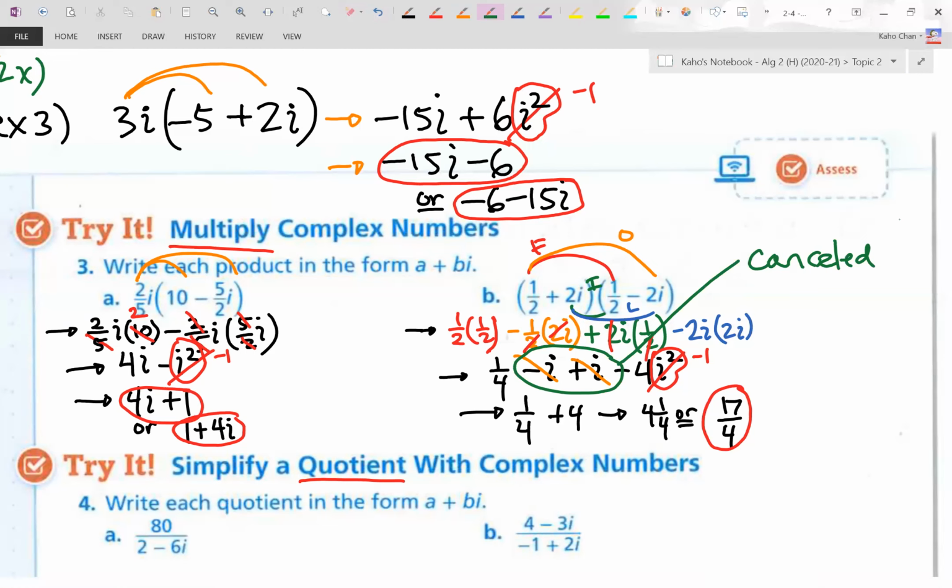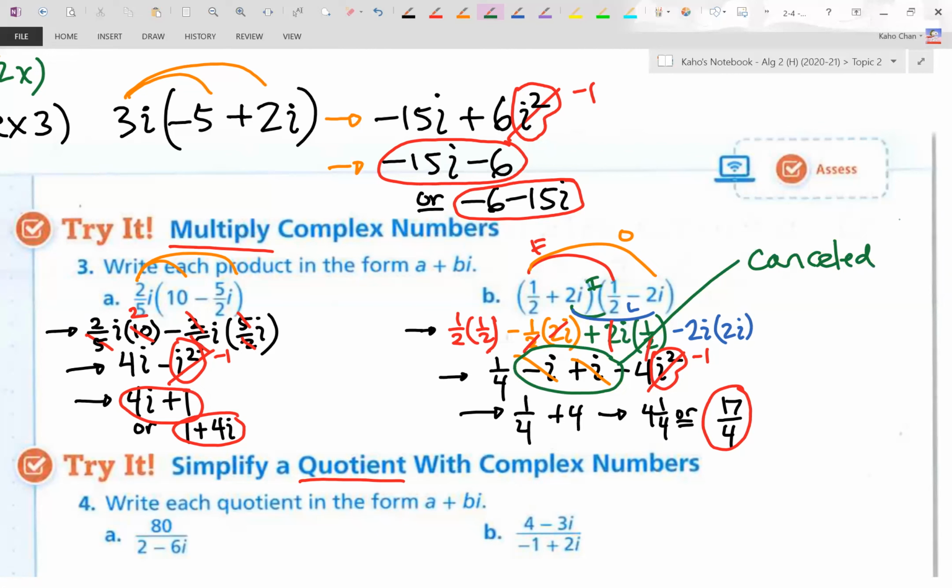How does that happen? If you look at the original problem, 1/2 plus 2i, and the other half is 1/2 minus 2i, there's a name for those two things. Those are actually related to each other, and those are called conjugates. You may remember that from Algebra 1 when we have conjugates for radicals, radical conjugates.